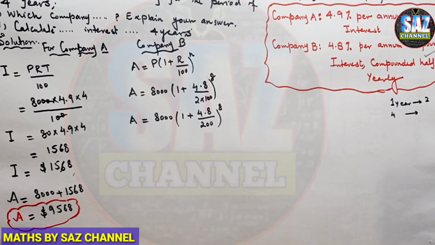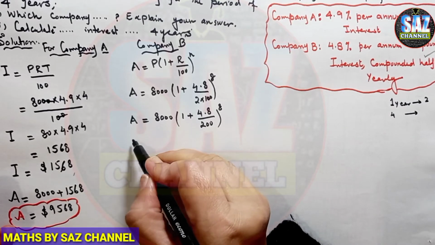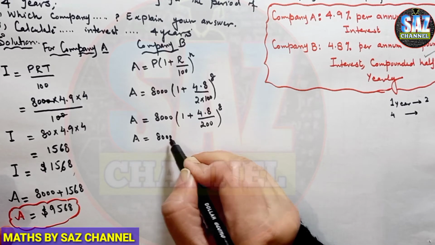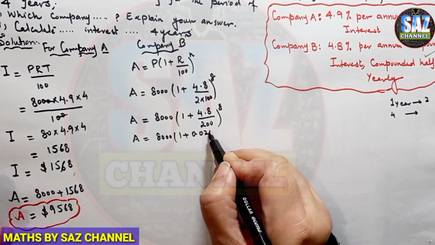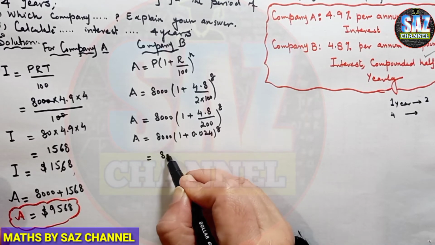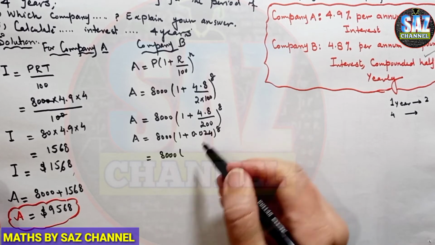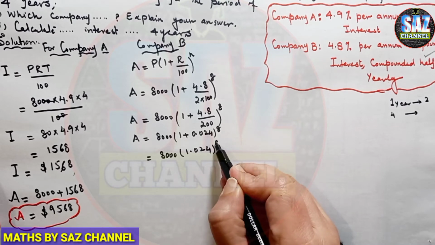Now 4.8 divided by 200 gives me 0.024. So amount will be equal to 8,000 into 1 plus 0.024 raised to the power of 8. Adding 1, this takes the form 1.024 raised to the power of 8.